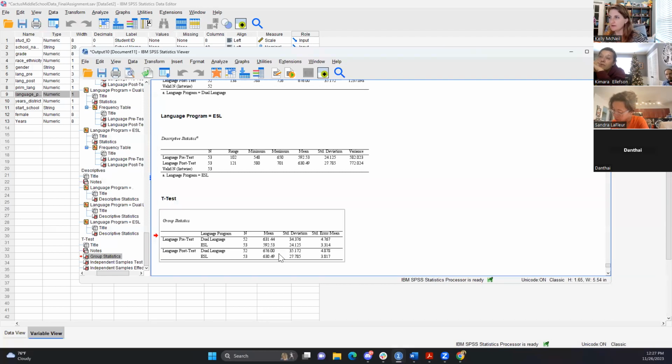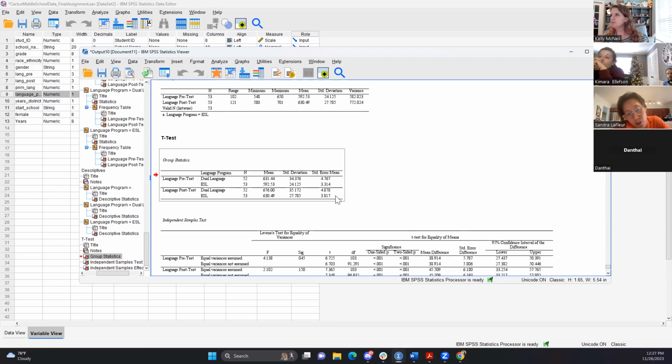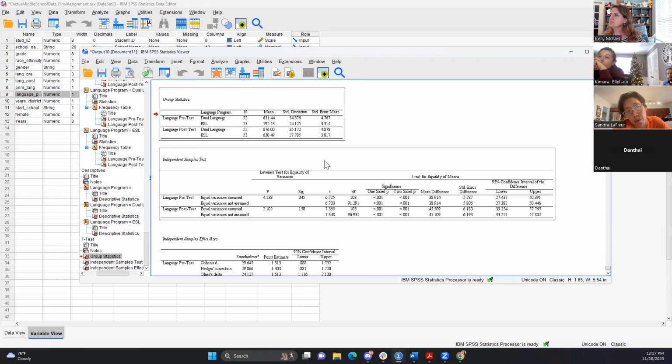I don't know that there's a correlation, but looking at the mean scores for ESL, both pre and post, are much lower. The pre and post scores for dual language students are much higher. And what the t-test is saying is that the difference between the means in both the pre and the post are significant at 0.001.